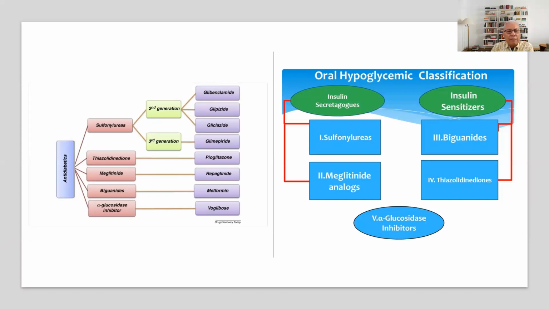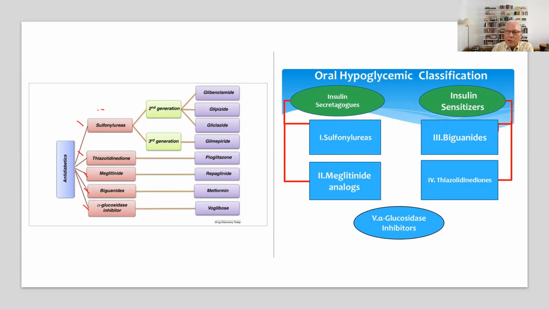So currently, there are 5 distinct classes of hypoglycemics available. As you could see over here, this is 1, 2, 3, 4, and 5. Each class displays unique pharmacologic properties, which we will be talking about.